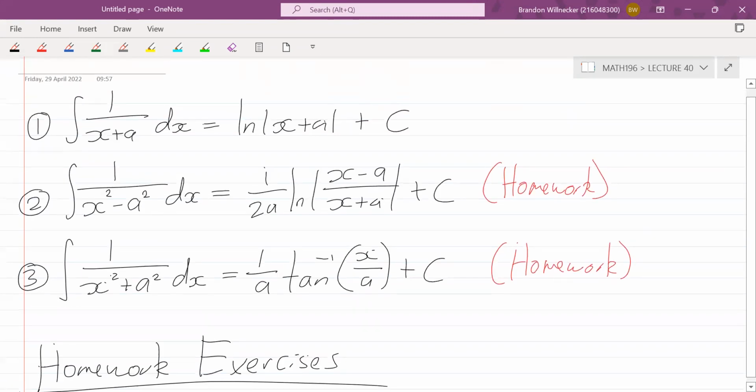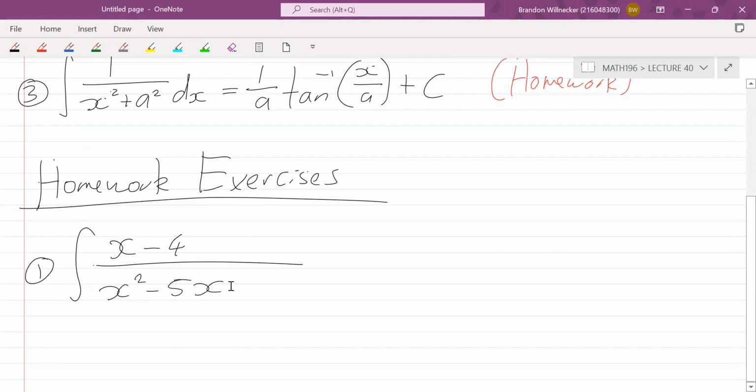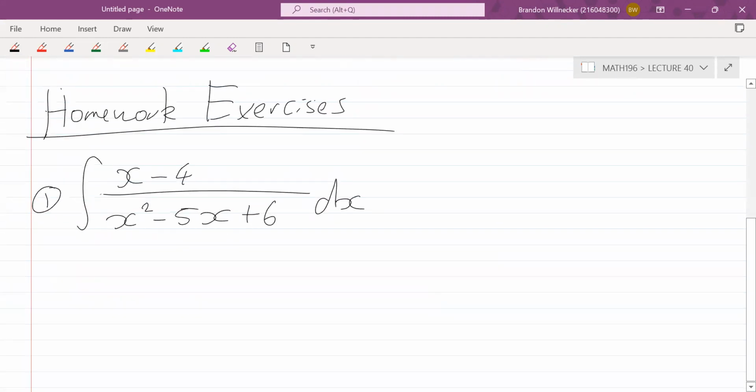So the homework exercises, they're not these proofs, so it's problems to solve. The first one is the integral of x minus 4 all over x squared minus 5x plus 6 dx.